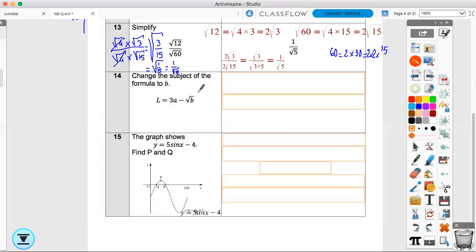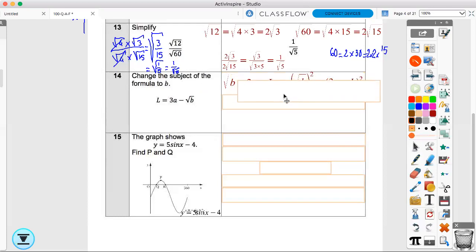So the next question would be changing the subject. So I'm going to have to isolate b on one side. Because I've got negative root b, you can move negative root b to the other side and have L on that side.